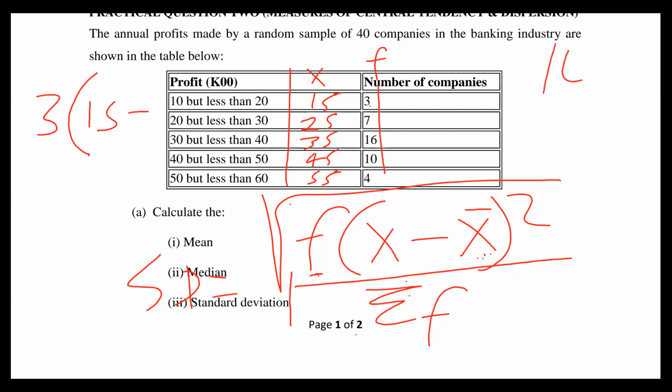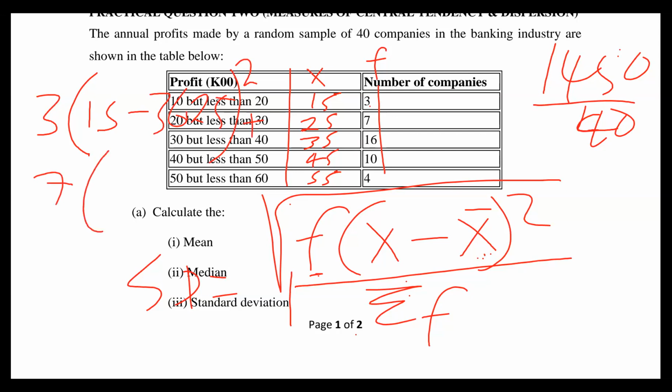It was 1450 divided by 40, which is 36.25. That's the mean. Then you square that. Again, you go to the next class, start with frequency 7, then times 25 minus the mean, 36.25. Again, you square that. So you continue just like that.